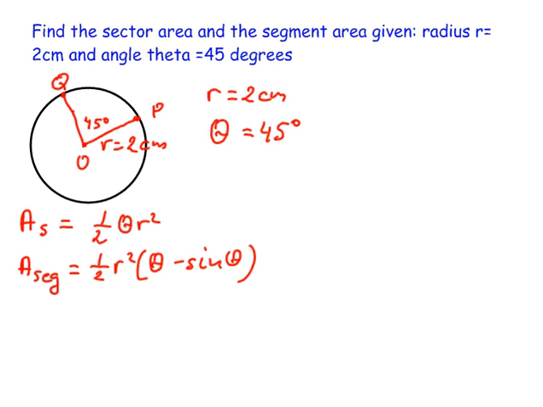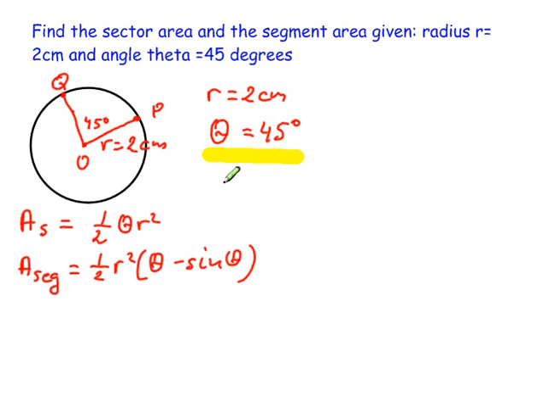So everything seems to be straightforward. So almost. You wish to plug into the equation the value of r, the value of theta, and go for it. However, there is a catch here. The degree unit cannot be used to find the area.